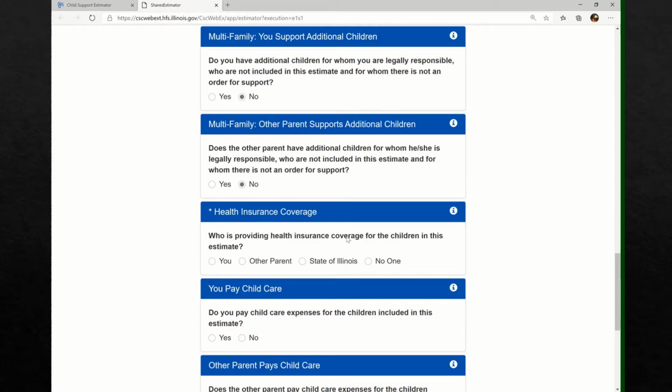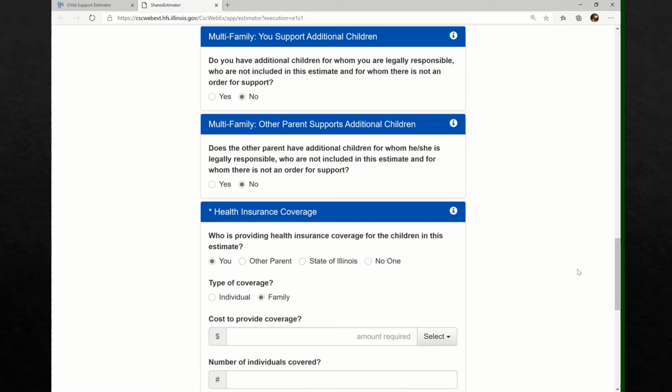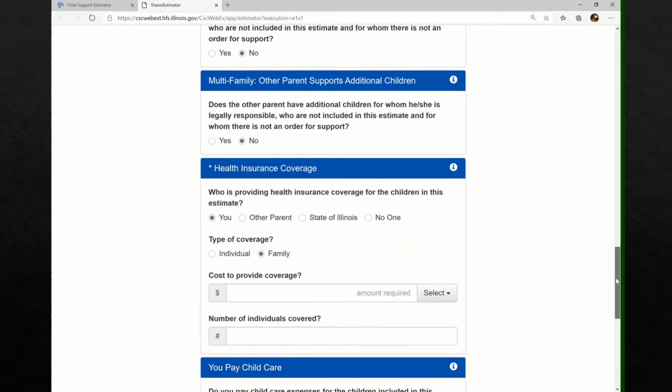So let's assume that you have coverage from your employer in which you can include the child. So suppose you pay a certain amount to your employer, and by paying a little bit more, you can cover your child in your health insurance. So you are doing that. So let's say yes, and you have a family plan through your employer.